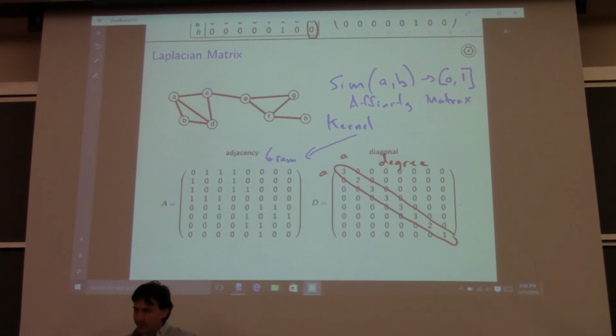A good way to think about kernels: if the data points lie in Euclidean space, I can define the Gaussian kernel. If these are vectors, then you can do something like e to the minus a minus b.